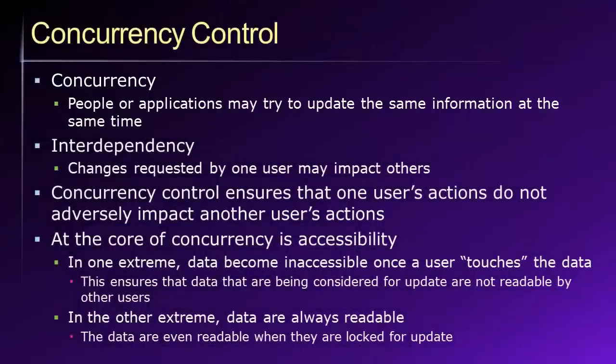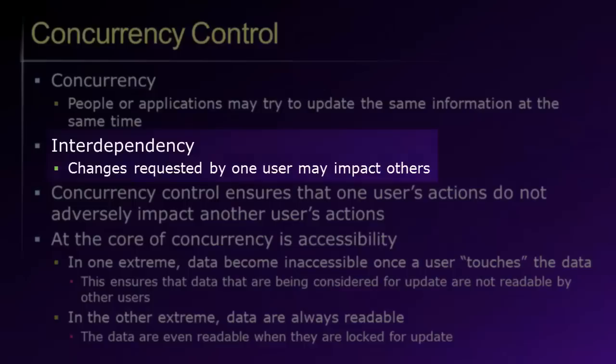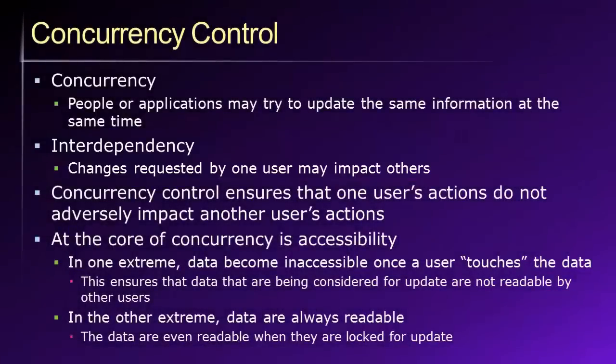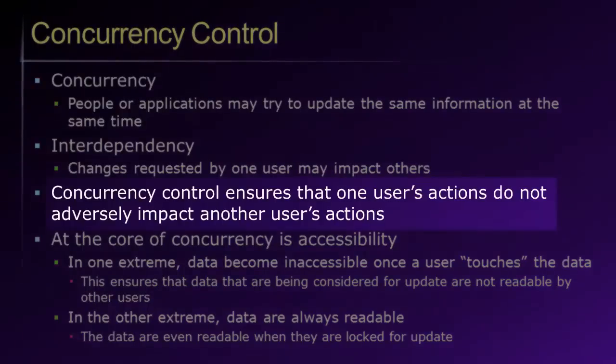And this need to provide for concurrent access leads to a problem known as interdependency, wherein modifications to the database that are made by one user may impact other users who are simultaneously trying to use the same information. So the objective of concurrency control mechanisms in database administration is to ensure that the actions of the various users who may be trying to access the same data at the same time are not going to adversely impact one another.